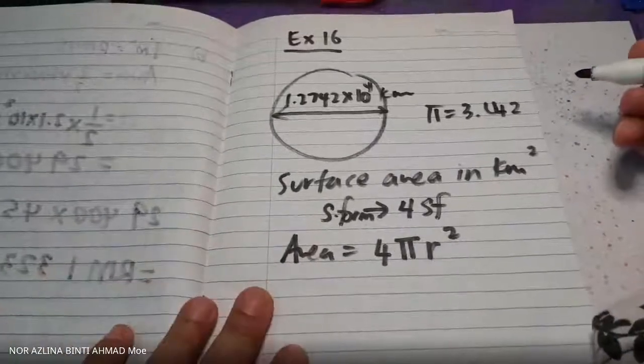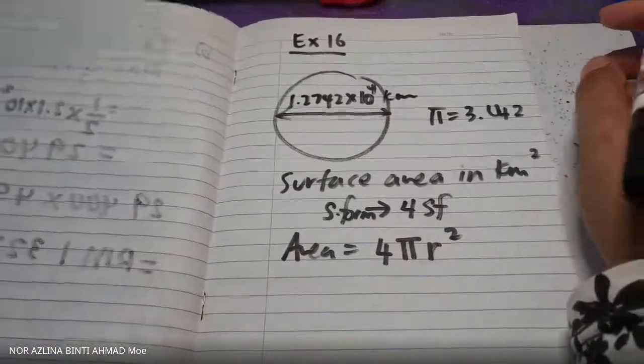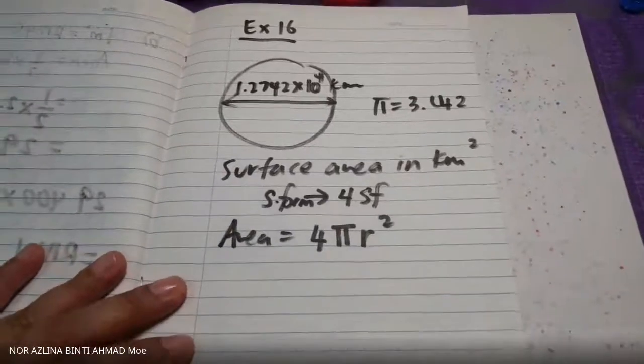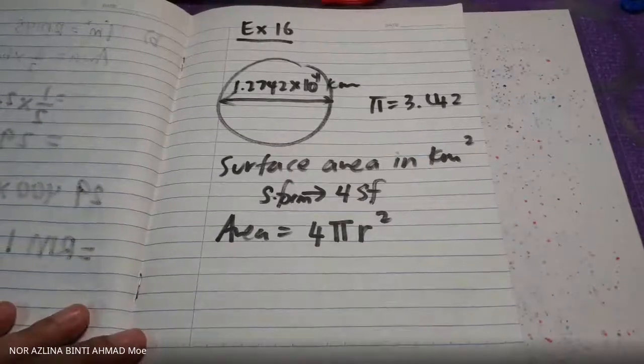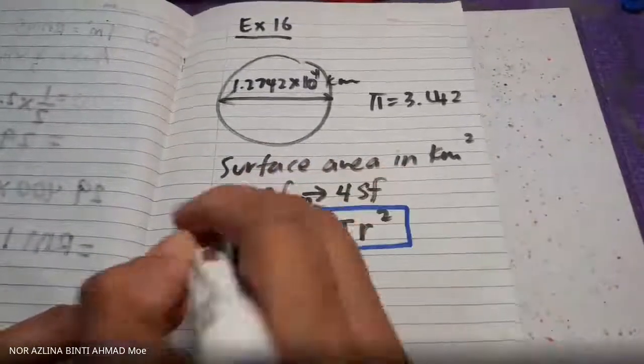Okay, now surface area, this is the formula, 4 pi r squared.